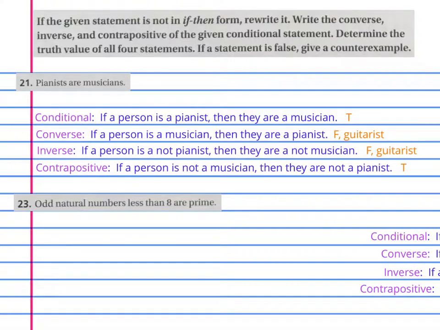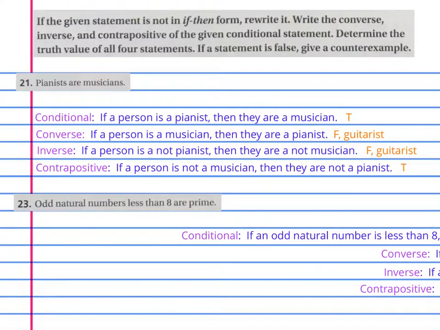Now, odd natural numbers less than 8 are prime. So the conditional is: if an odd natural number is less than 8, then it is prime. What are we talking about here?